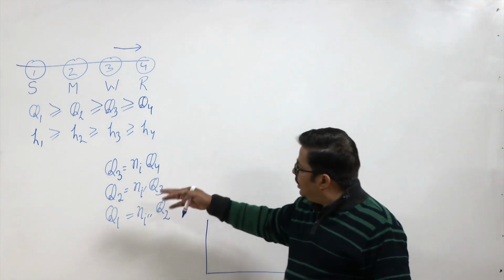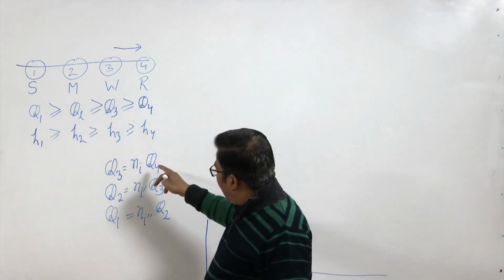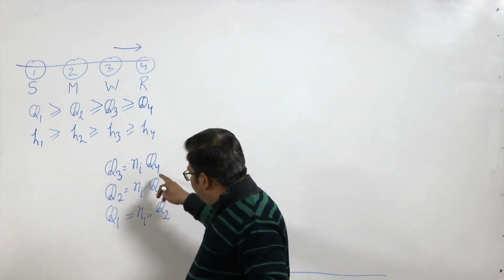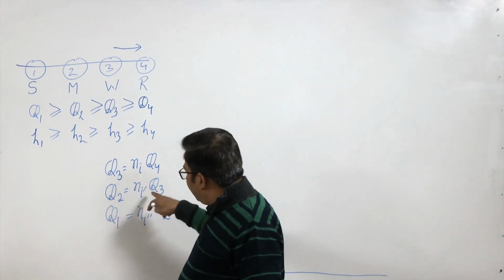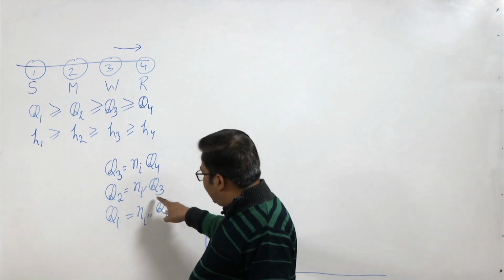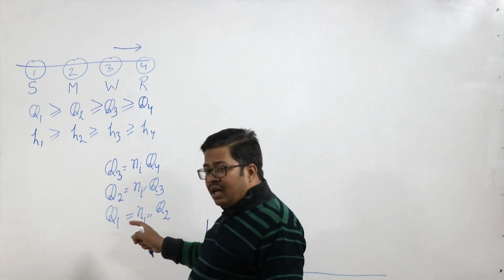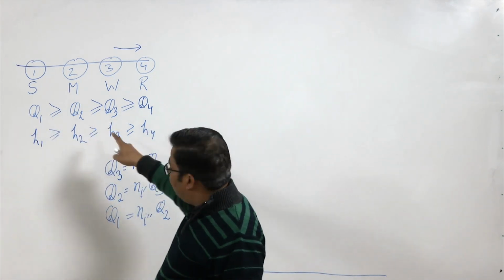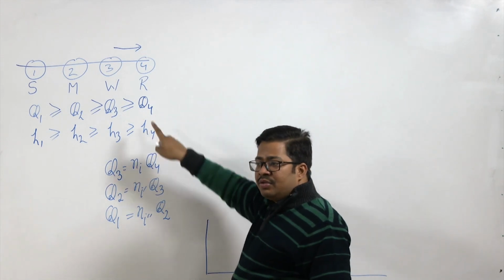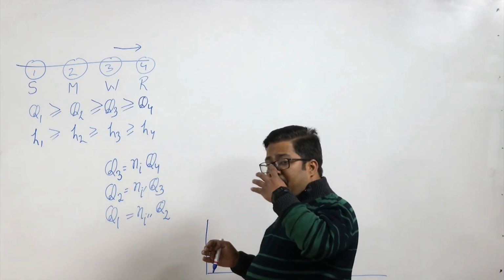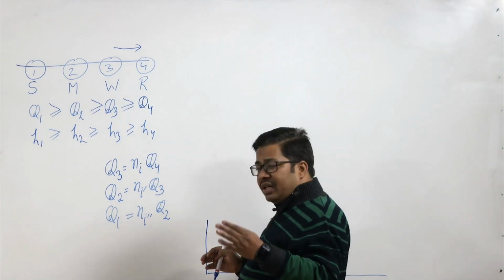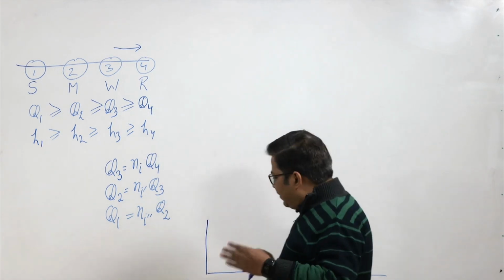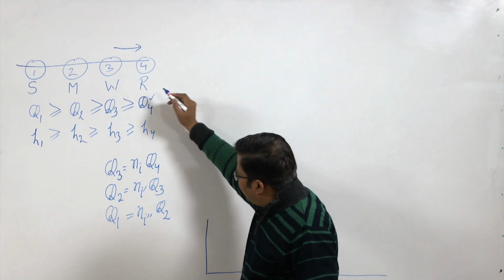So all these inventories at other stages are multipliers of their successive stage, and if I substitute the value of Q3 and Q2, I can represent Q1, Q2, Q3 all three in terms of Q4. So in this case also my complete inventory management will be done with respect to the quantities which I am receiving at my 4th stage. Now, at the 4th stage I require these Q4 items.